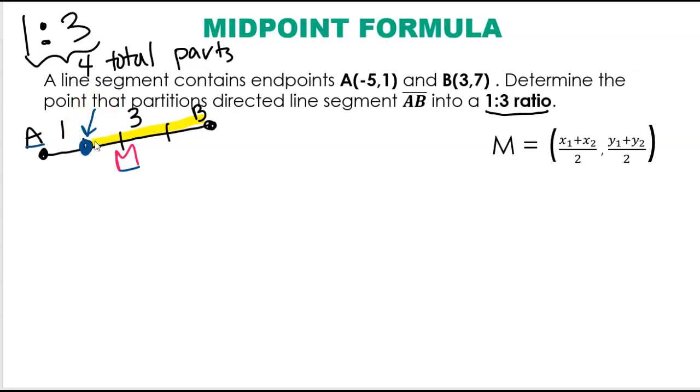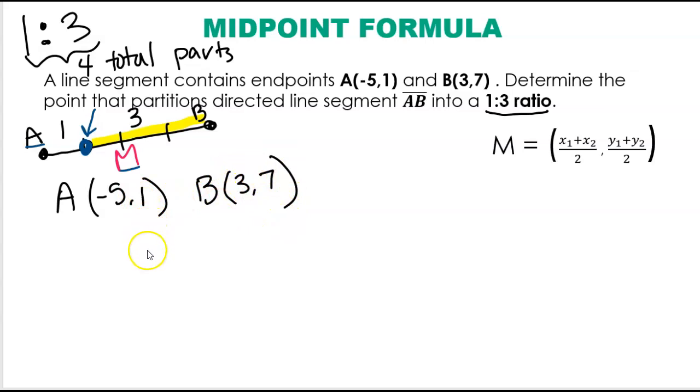So the first time, we're going to use points A and B to find their midpoint. Point A is located at (-5, 1), and point B is located at (3, 7). This would be our x1, y1, x2, y2. So let's plug in for the midpoint formula. Remember, that's like finding the average of our x's and then finding the average of our y's.